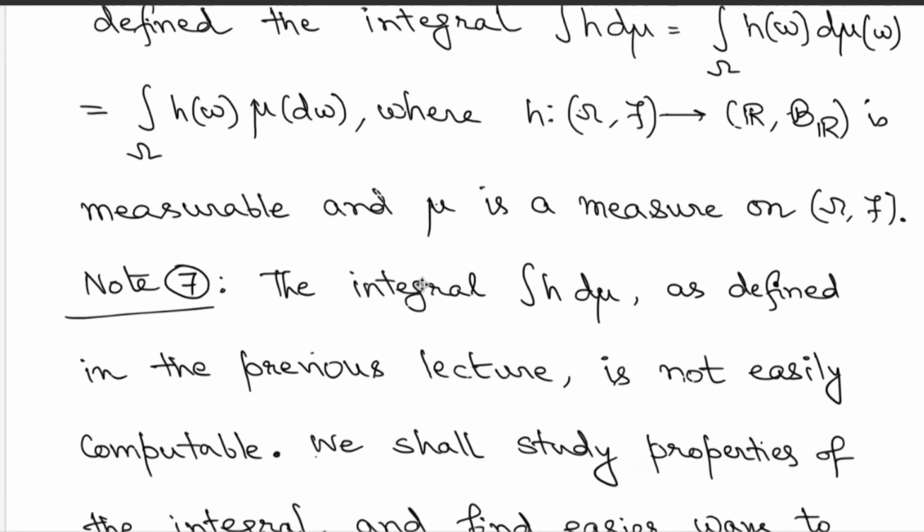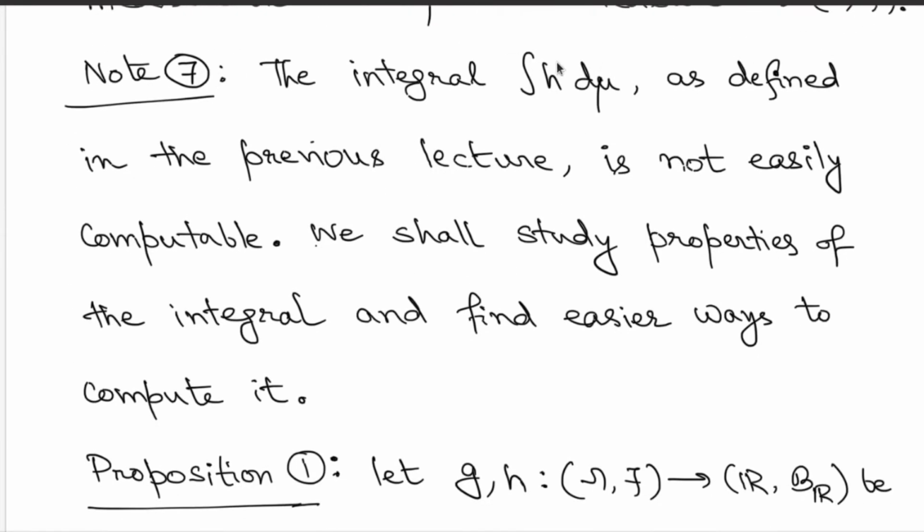First you note that the integration as defined in the previous lecture is not really easily computable. Our target now is to understand the properties of this integration procedure so that our job in computing these integrals becomes easier. We want to get hold of multiple nice properties which should help us in computing these integrals.